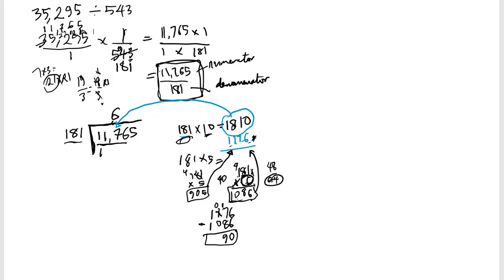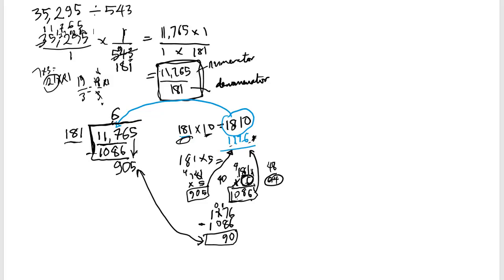So you write 1086, then you put your subtraction sign. 1176 minus 1086 gives you 90. So you bring down this 5 to this level.